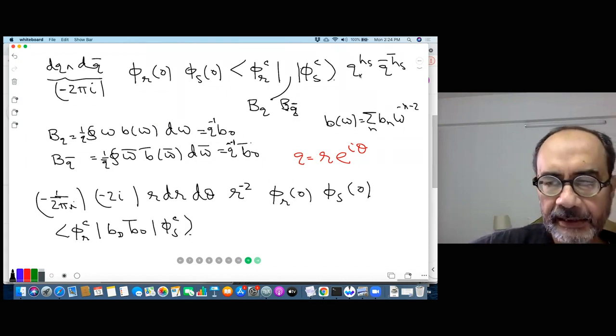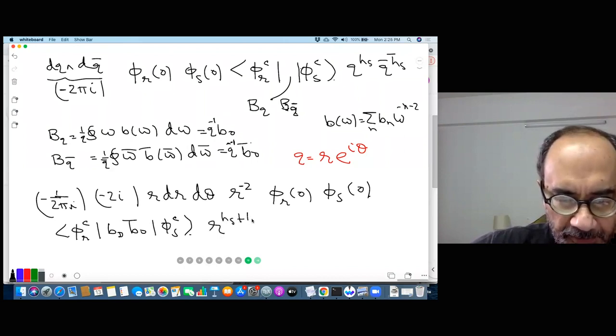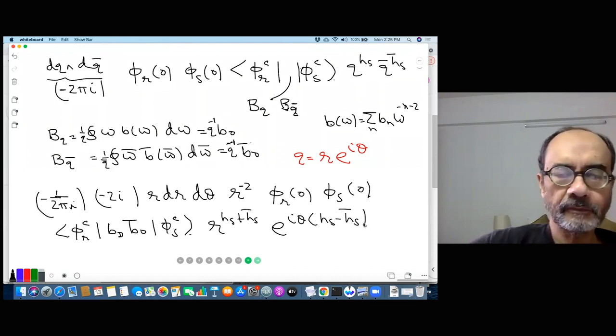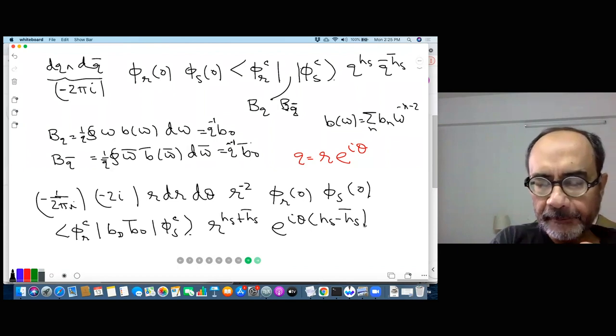And here you see q to the h_s, q bar to the h_s bar becomes r to the power h_s plus h_s bar, e to the i theta (h_s minus h_s bar). So this is the extra integral that you get.